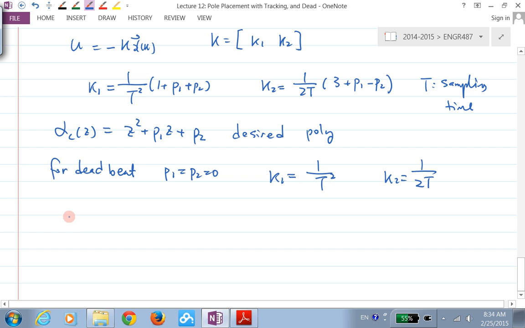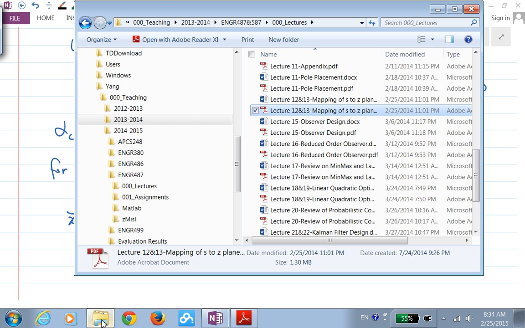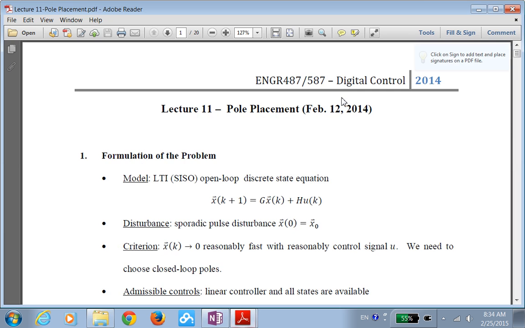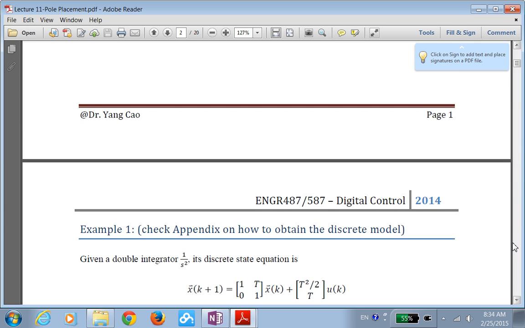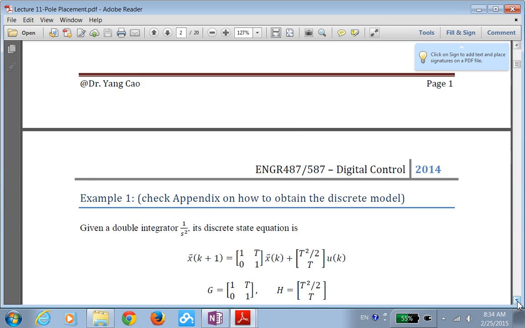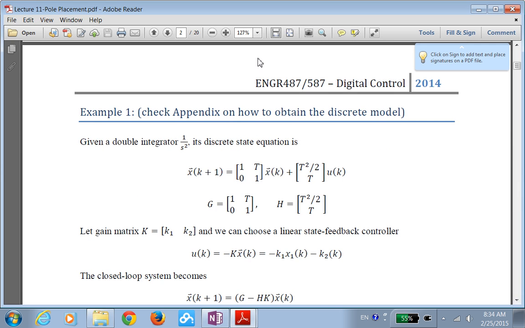So the closed loop system is G minus HK, x of k, like this. Maybe I'll bring that lecture here. This is the double integrator I was talking about here.